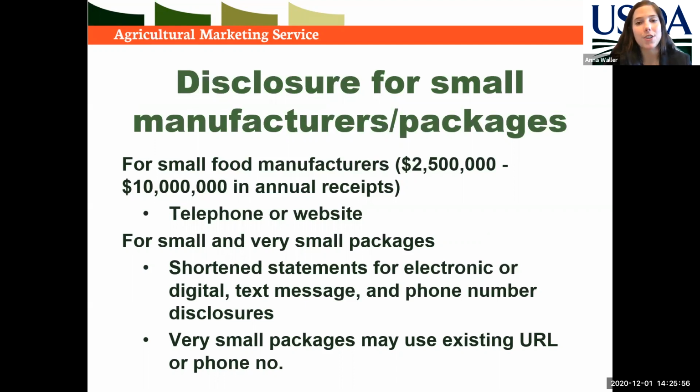Small food manufacturers, which are those with annual receipts between $2.5 million and $10 million, may use any of the 4 options already mentioned, but can also make the disclosure using a telephone number or website. The disclosure options for small packages include those already mentioned, as well as a shortened statement for electronic or digital, text message, and phone number disclosures. Last, very small packages may use an existing URL or telephone number.